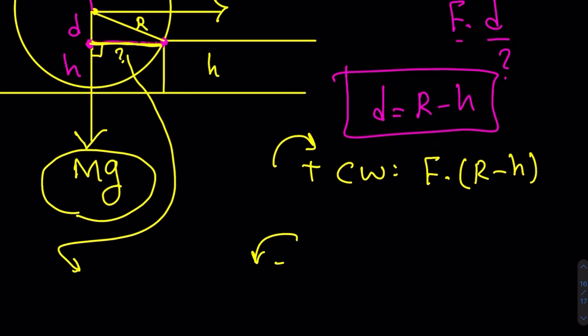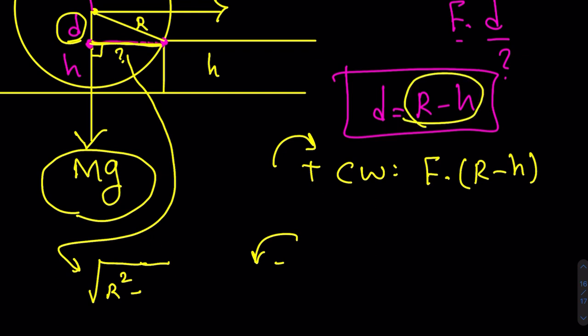It will be equal to the square root of R to the power of 2 minus this d, right? And the d is what? d is R minus h. So R minus h to the power of 2. So this is the value of that side.